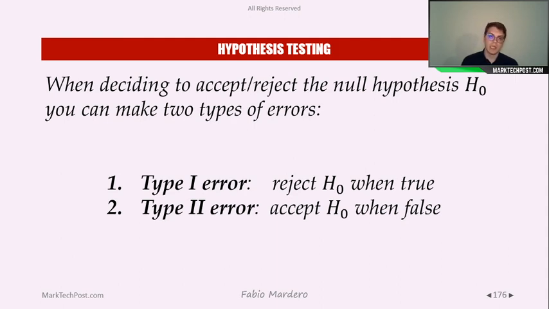But when deciding to accept or reject the null hypothesis, H0, you can make two types of errors. In the type 1 error, you reject H0, the hypothesis, but the hypothesis was true. In the type 2 error, instead, you accept the hypothesis, but it is false, and you don't know it.